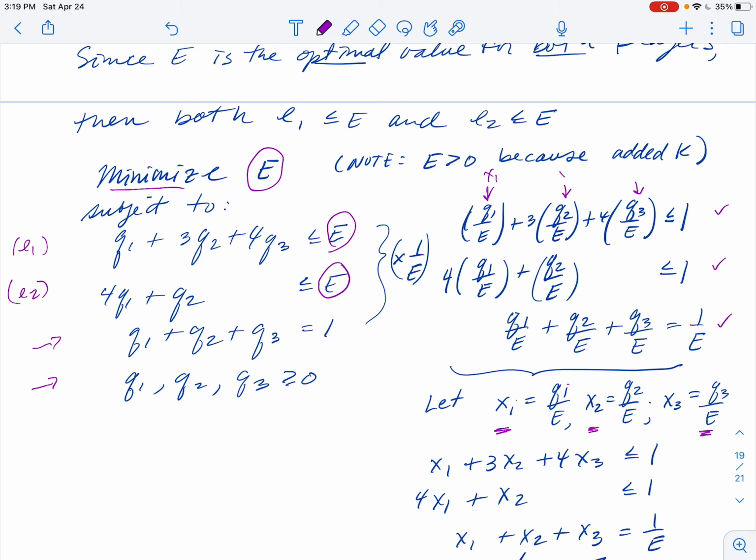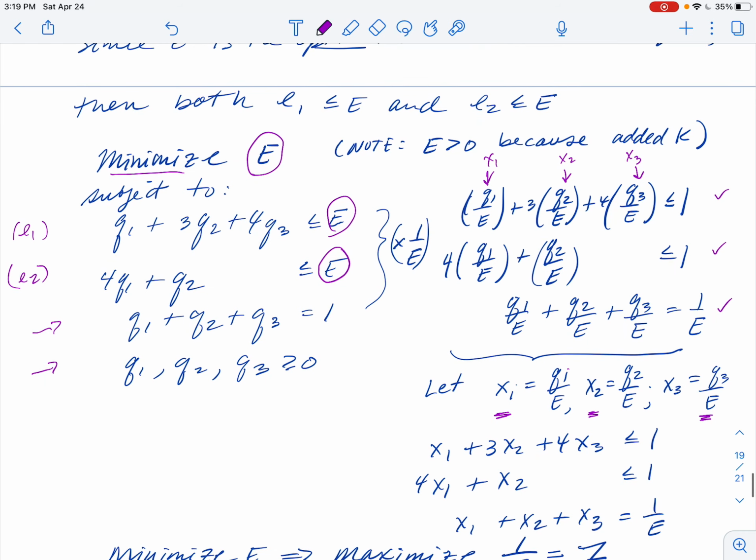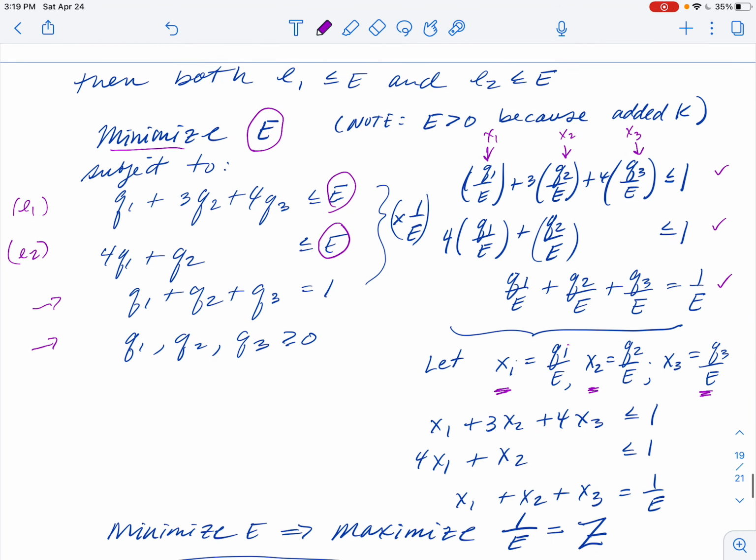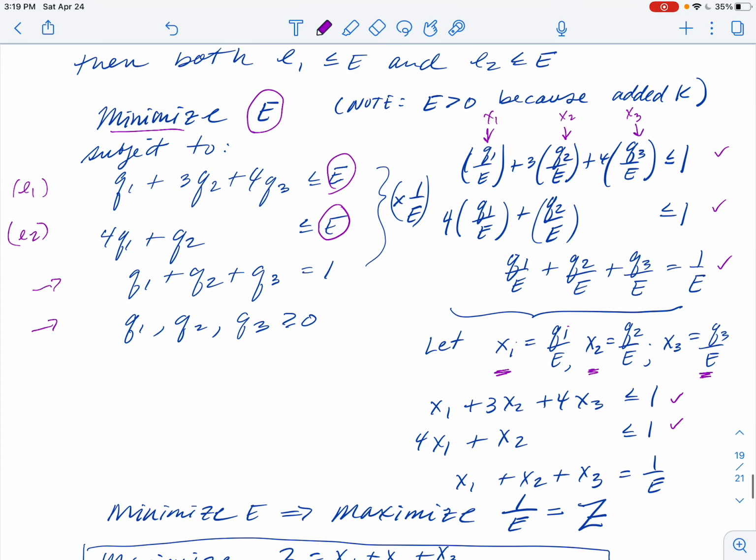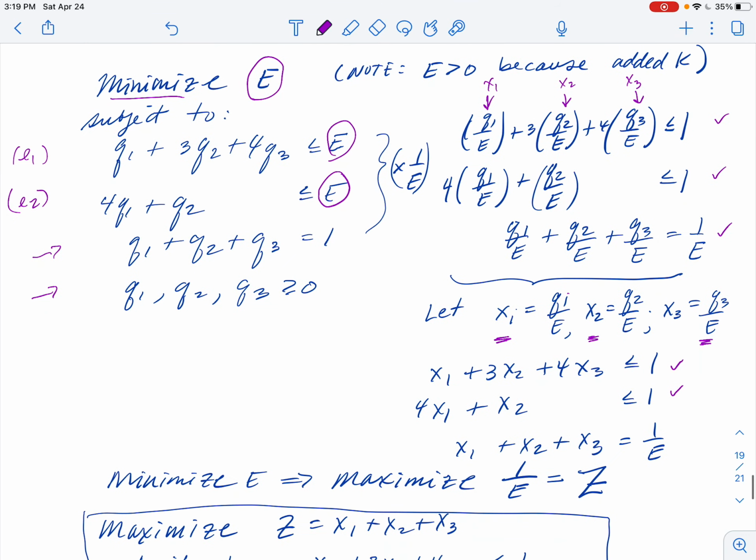So we're going to replace those with new variables, x1, x2, and x3. And so now we've got these two inequalities, and that looks more familiar with our setup that we've been using. And also this one right here, if we replace those, we get x1 plus x2 plus x3.